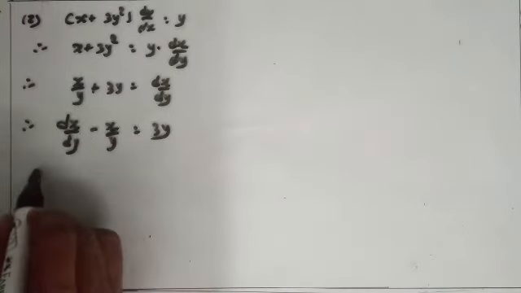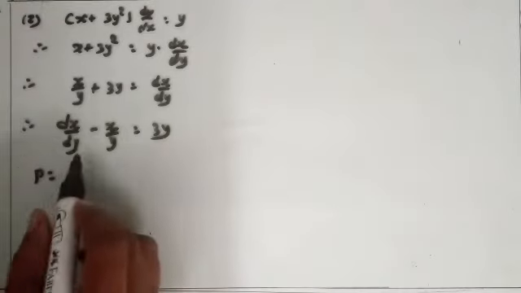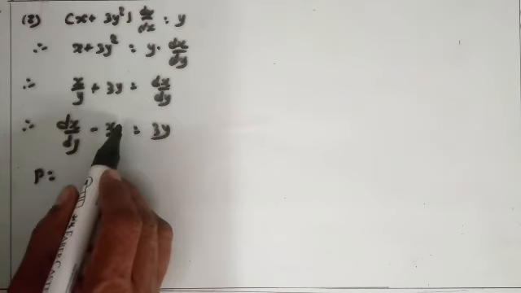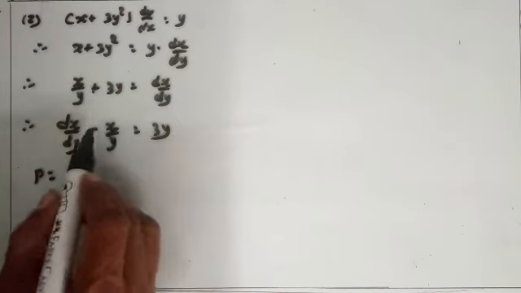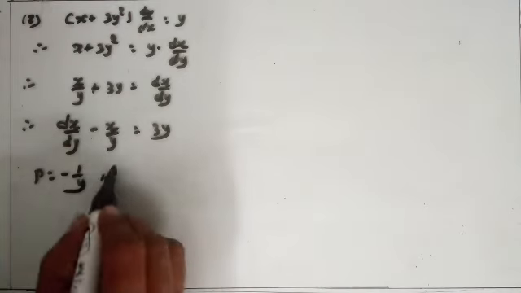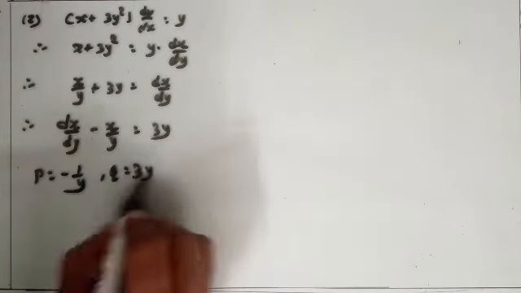Here p is the coefficient with dx/dy given, so p is a function of y or constant, so p is equal to minus 1 upon y, and q is equal to 3y.